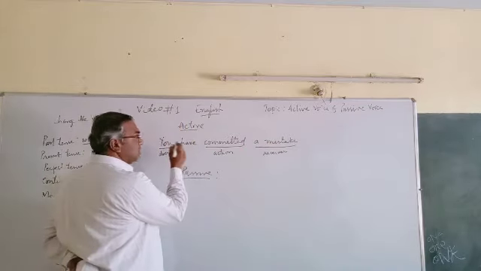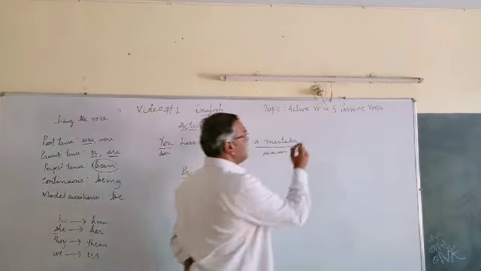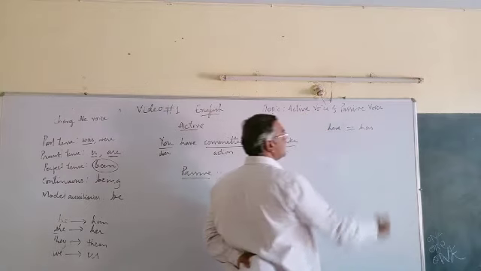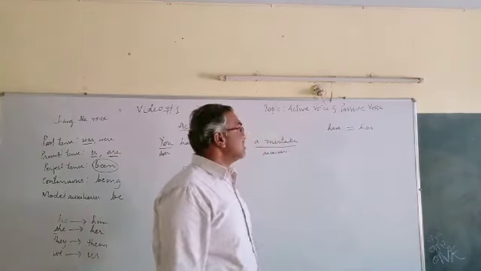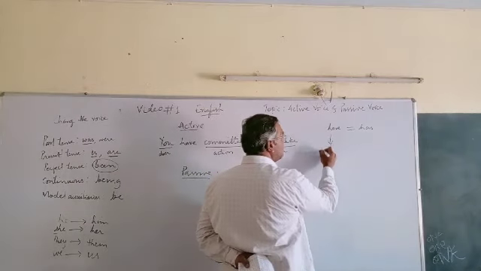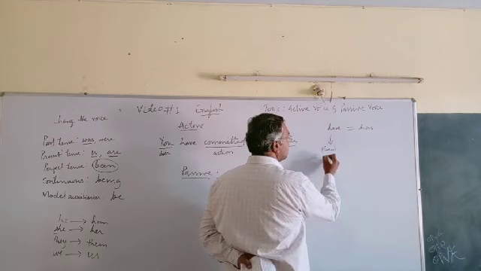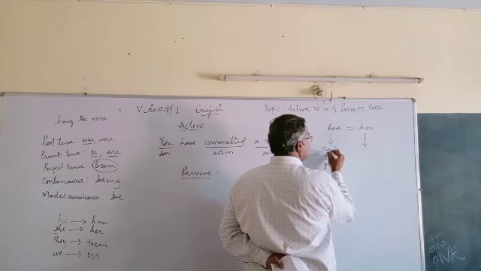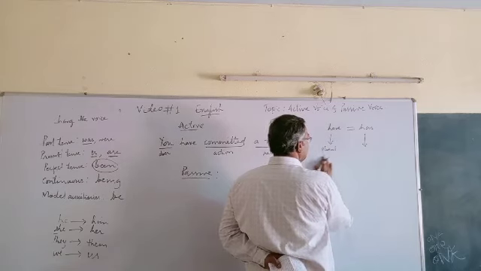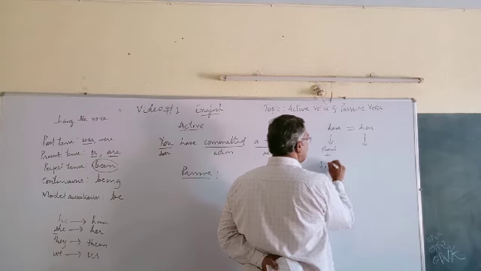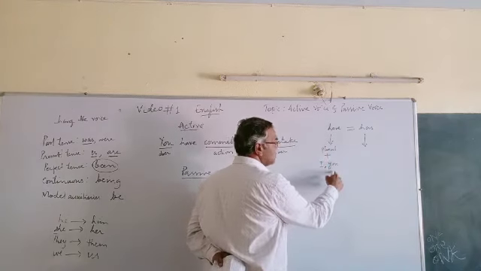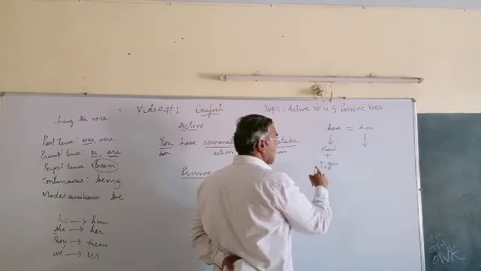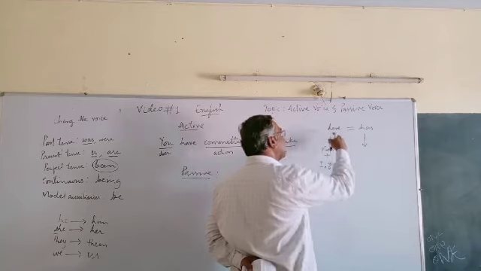Now, it is very important to know the difference between the use of have and has. These two give the same meaning, but the only difference is that have is used with plural subjects and with I and you. All plural subjects will take the auxiliary verb have. The two singular subjects, I and you, will also take have.